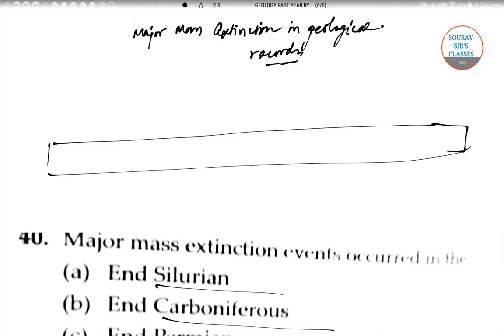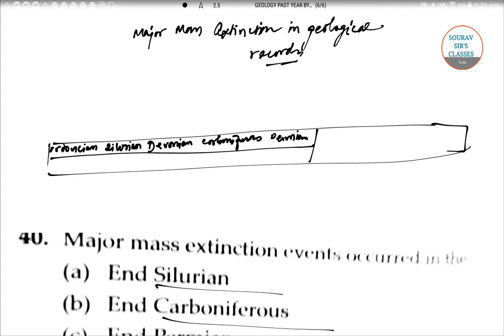So one by one we'll write Ordovician, then we have Silurian, then we have Devonian, then we have Carboniferous, then we have Permian. And it all came under one category, that is Paleozoic.